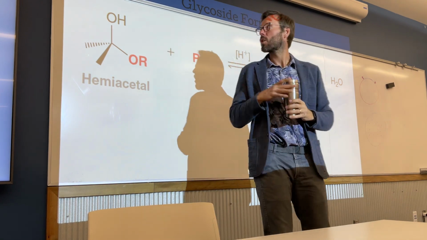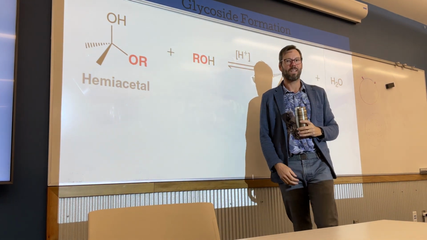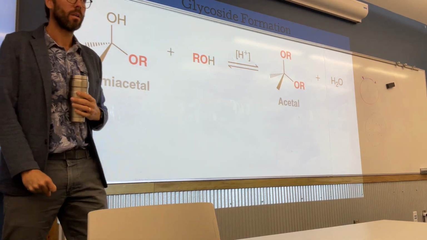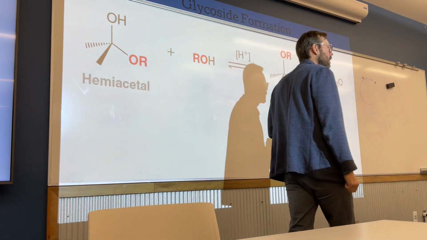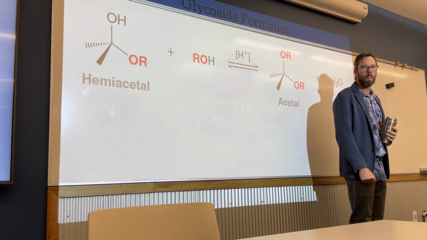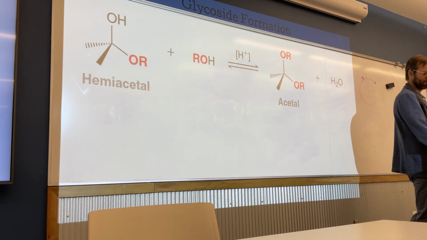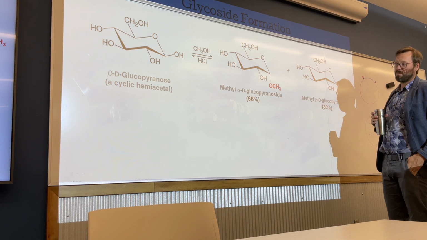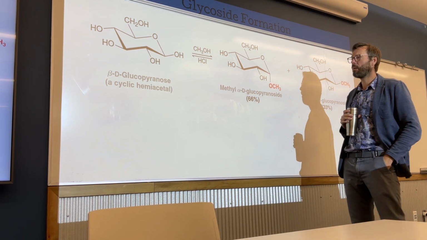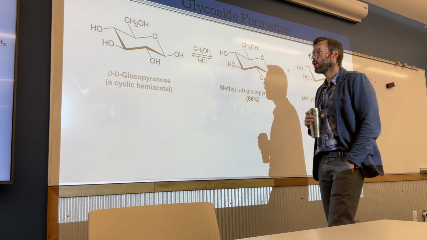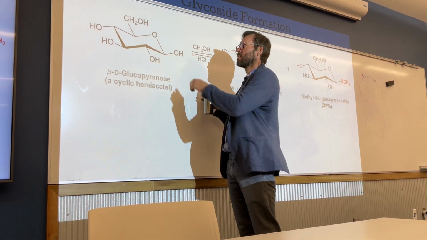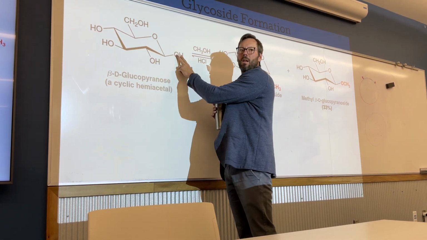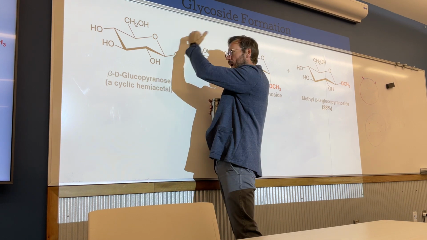When we do that, it's called a glycoside, or a glycosidic bond, glyco sugar. So glycosides are disaccharides and polysaccharides. Or we could just straight up modify a monosaccharide. So here we have glucopyranose, again, 6 carbons with an oxygen in the ring. It's beta because this hydroxyl group on the anomeric carbon is pointing up.